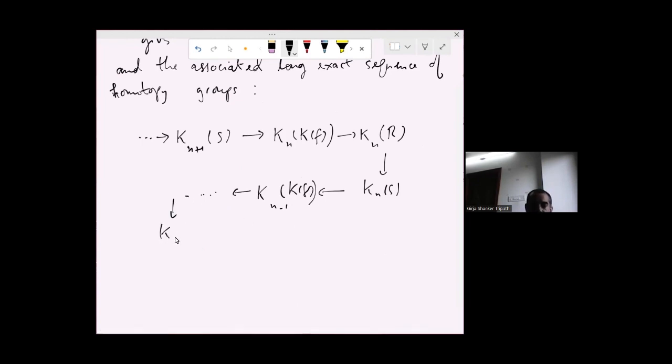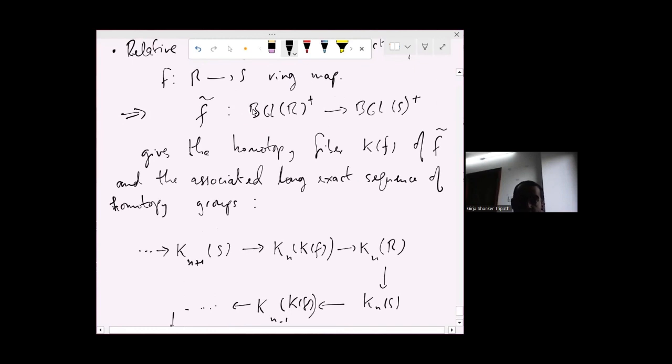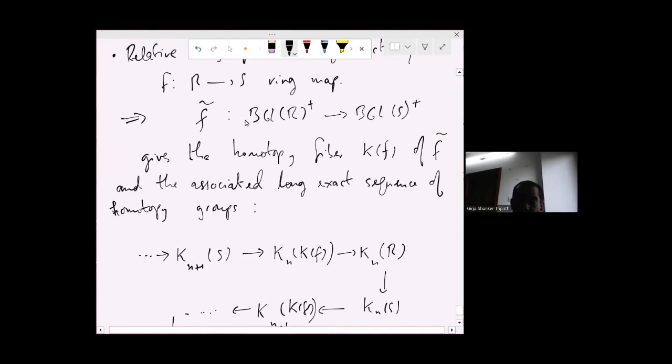Let's say K1 S to K0. Here one should be a bit careful, but I'll leave those details to you. We can put K0 R here, K0 S here, and choose a base point.